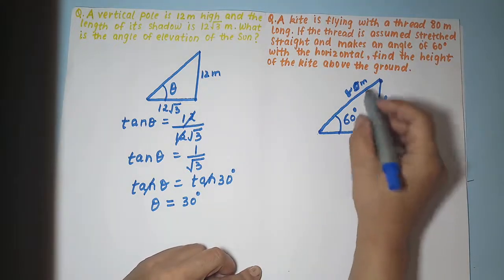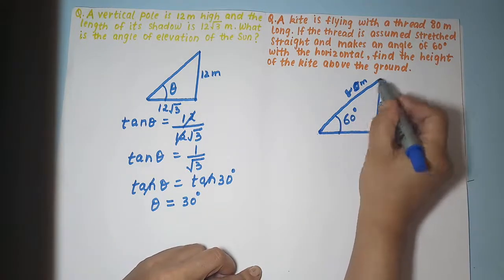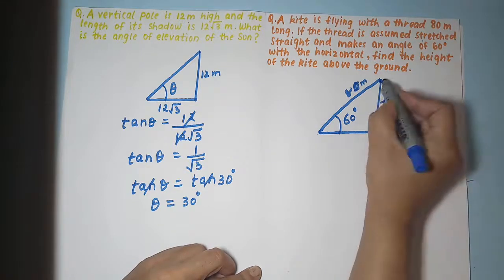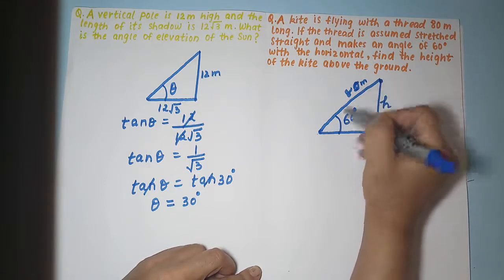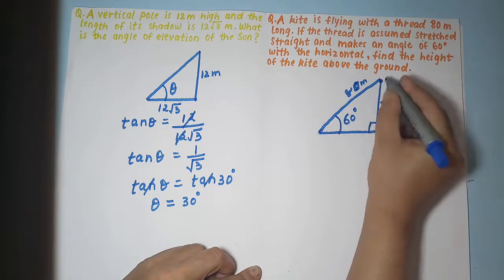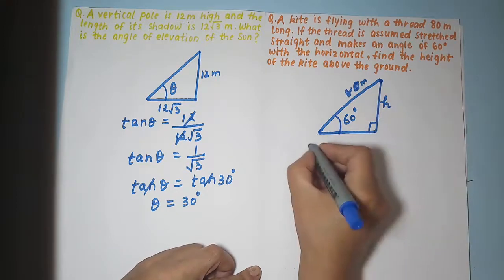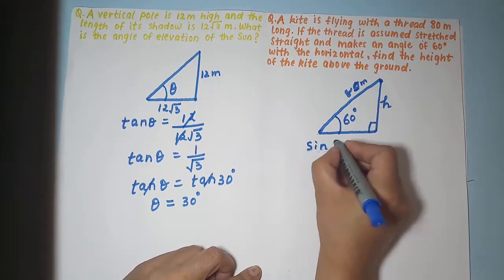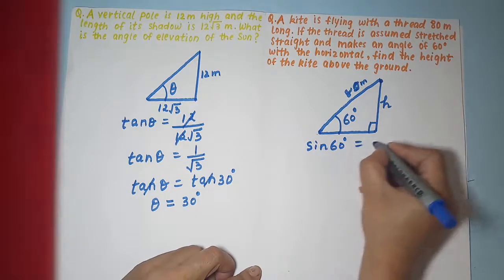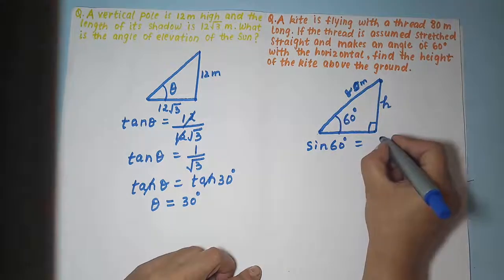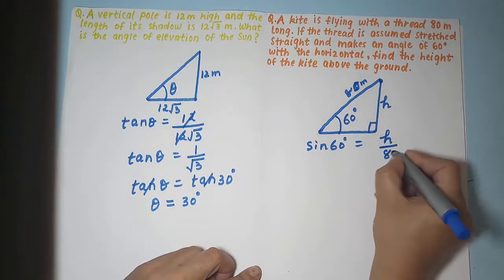So, this time we are given this is 90 degree. So, we are given the hypotenuse and the opposite side. So, obviously we will make use of sine ratio. So, we will write sine 60 is equal to opposite upon hypotenuse, that is h upon 80.